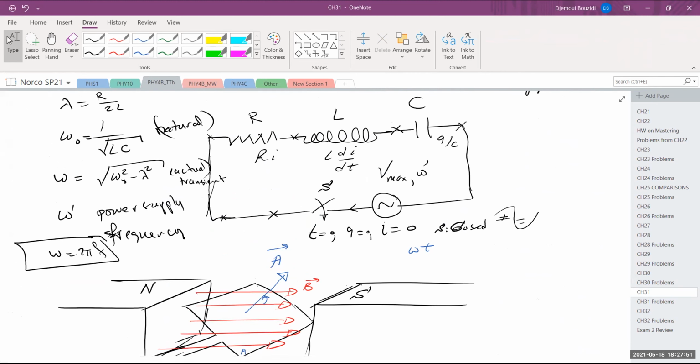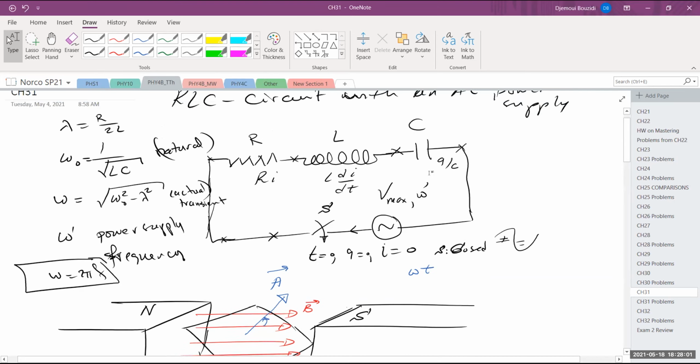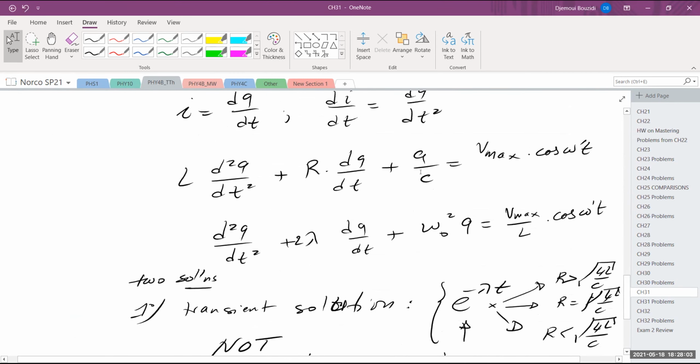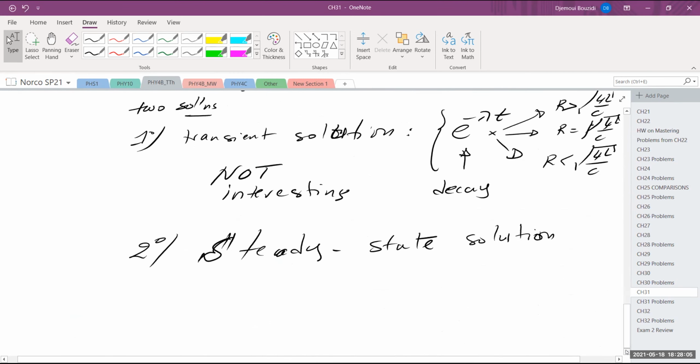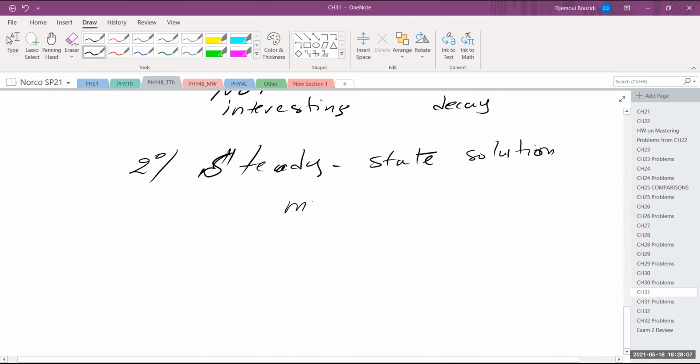It's going to remain with the circuit. So this effect will stay long. So we expect the steady state to depend on two parameters, Vmax and omega prime. So this solution must depend on Vmax and omega prime. As a matter of fact, we know.